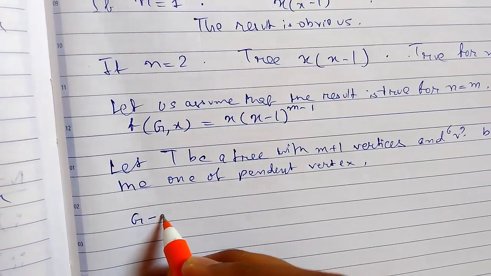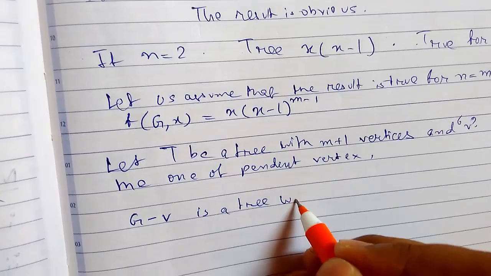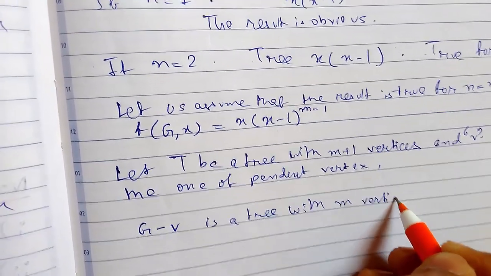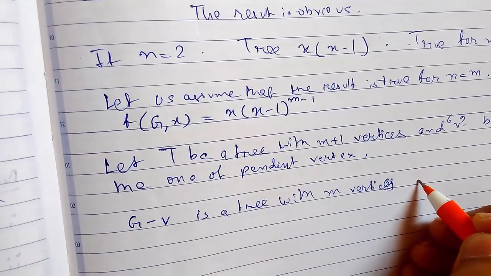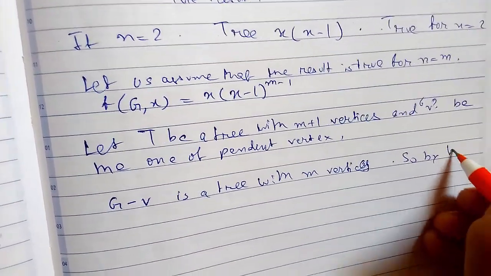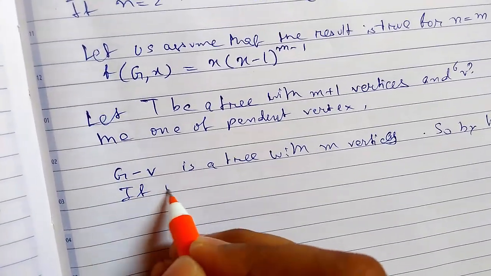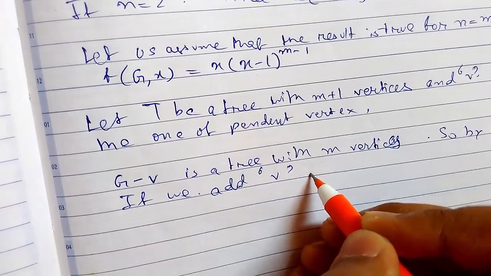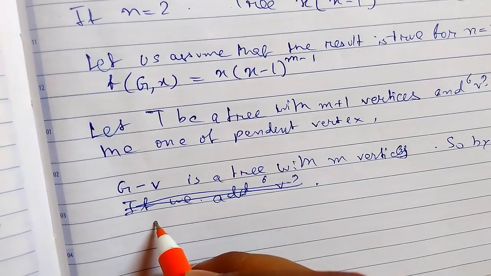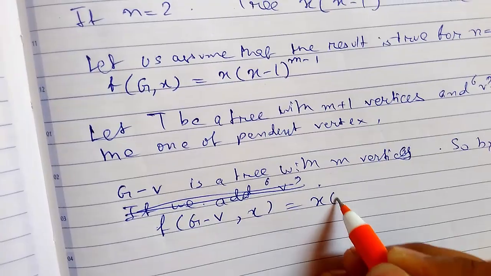So G minus v is a tree with m vertices. By the hypothesis, the chromatic polynomial will look something like this.